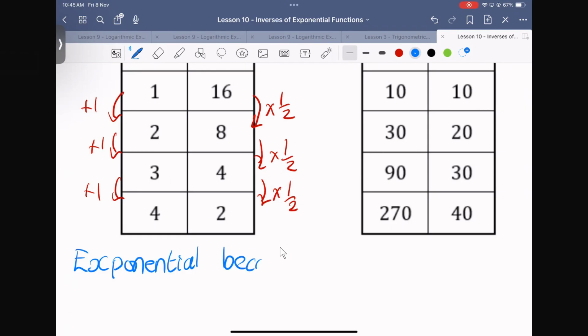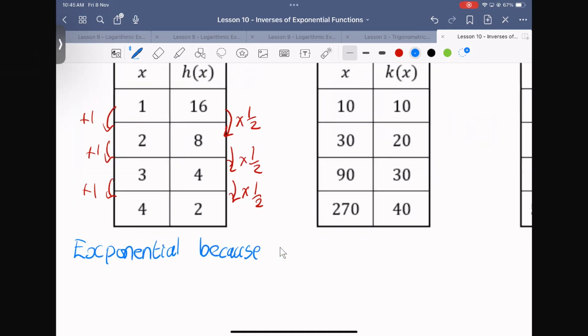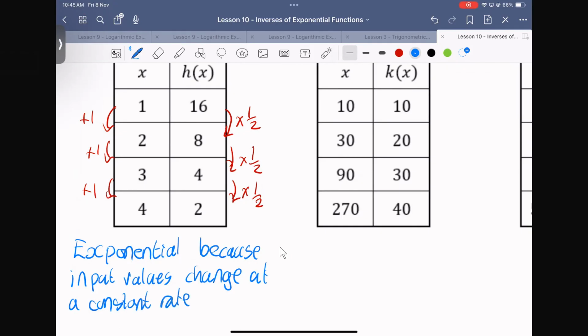Exponential, because use the phrasing input values and output values for this type of reasoning. As the input values change at a constant rate of +1.